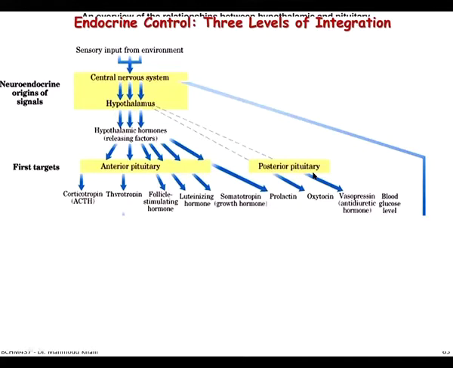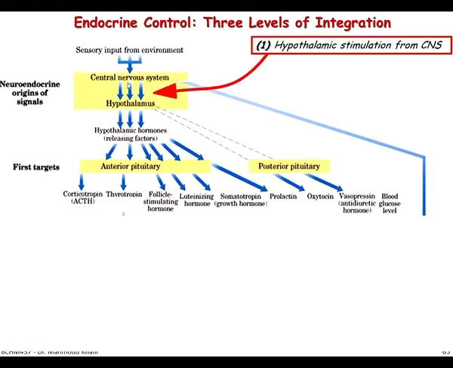Again, here we'll see the different levels and the integration through these axes of the hypothalamic pituitary axis. It starts with the sensory inputs from the environment, which detect the need of the body for a certain hormone. This will affect the central nervous system to affect the neuroendocrine cells inside the hypothalamus.